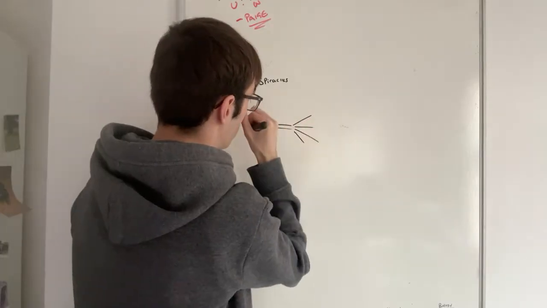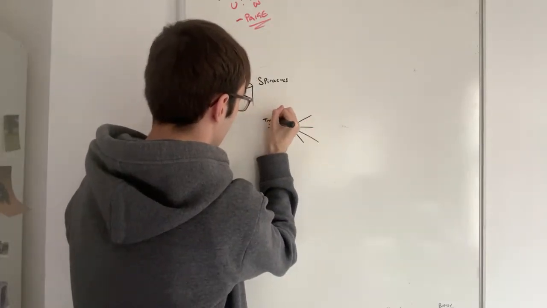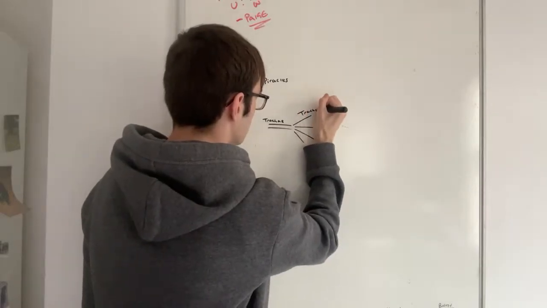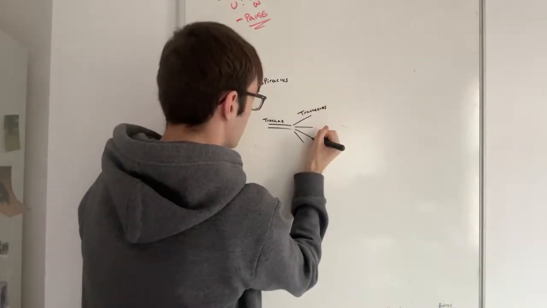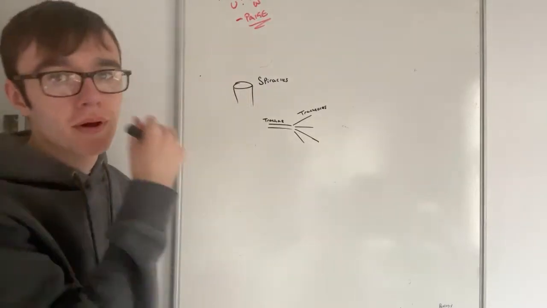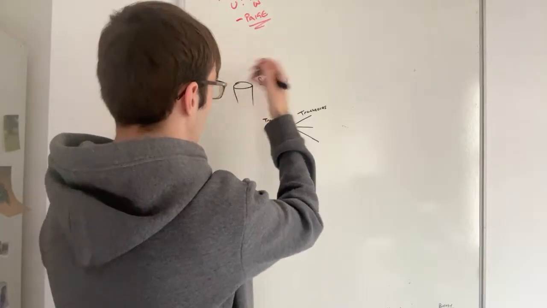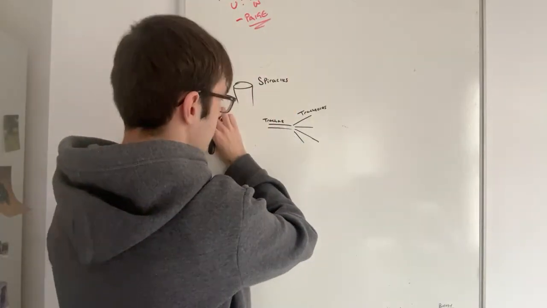I'm just kind of drawing what I assume it to be. I also don't know how to spell this, bear in mind, I'm just kind of improvising. So spiracles, which are the, there's a word for them.